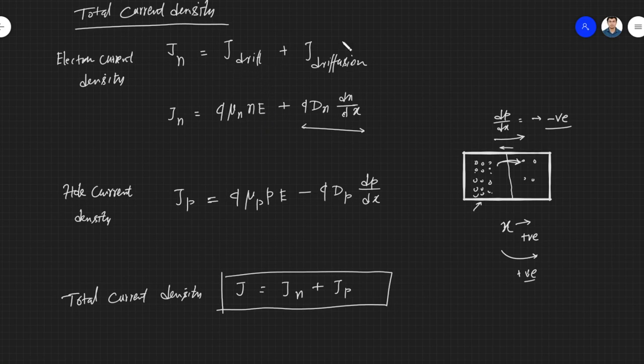In some junctions the diffusion contribution is more than drift. So there are basically four components: drift for electrons, diffusion for electrons, drift for holes, and diffusion for holes. We'll see all these four terms. These equations are extremely important later on also.